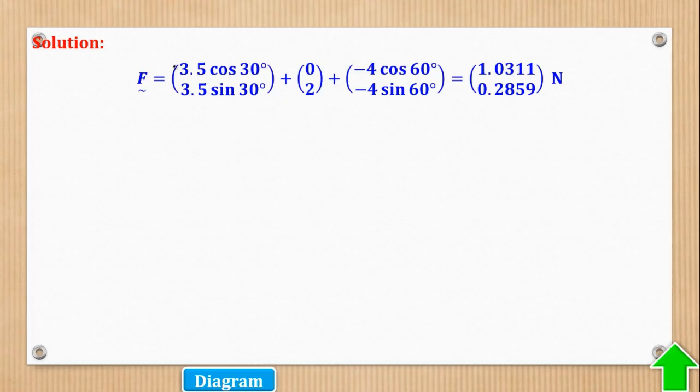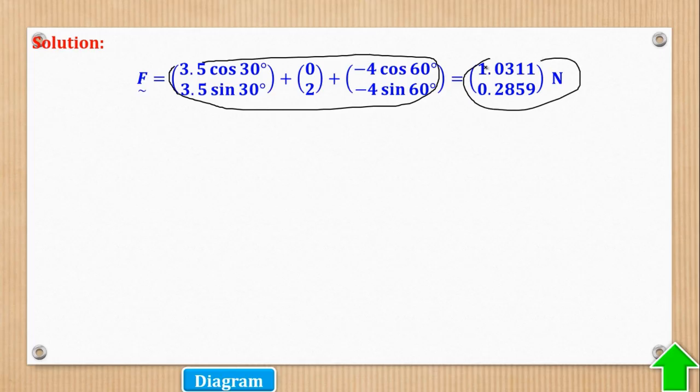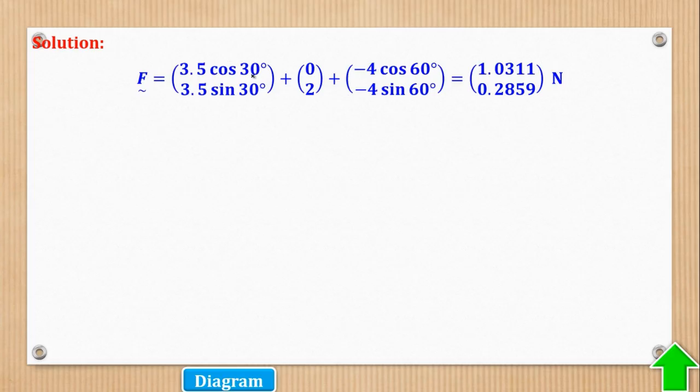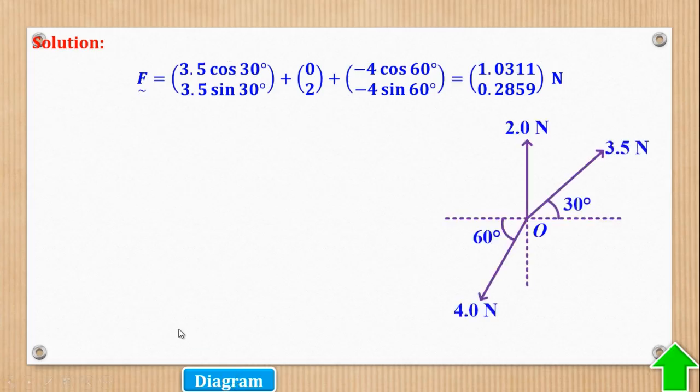So what we need to do is to add up all these vector forces to come up with a resultant force, or to come up with the components of a single force. So how do they come about? When you see this diagram, which was given in the question, for example, this one, horizontal it is to the right and vertical it is upward.